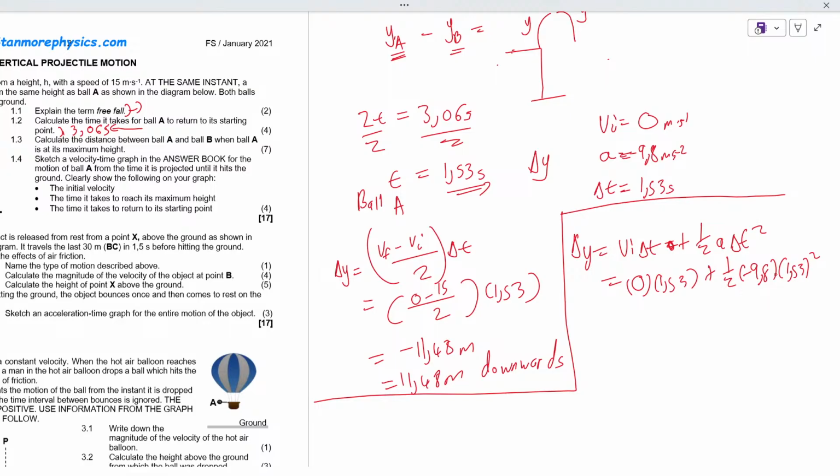Okay, so press on the calculator. 1.53 over 2 times negative 9.8, right? I got negative 11.47. Negative 11.47.